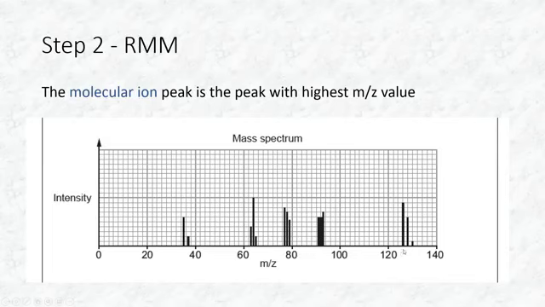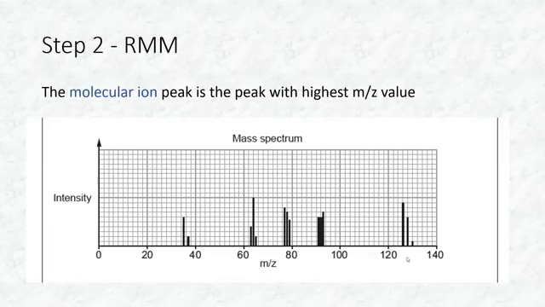Well, in this case, we've just worked out that we have chlorine present in our molecule. And we know that chlorine is an element that has 2 common isotopes, chlorine-35 and chlorine-37. Chlorine-35 makes up about 75% of all chlorine atoms, and chlorine-37 makes up about 25%.